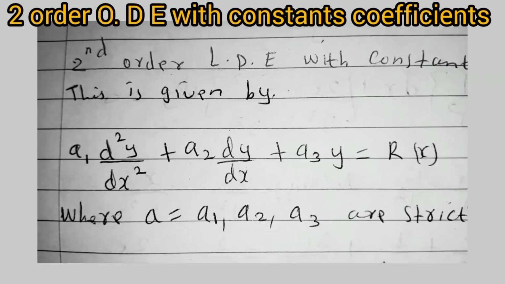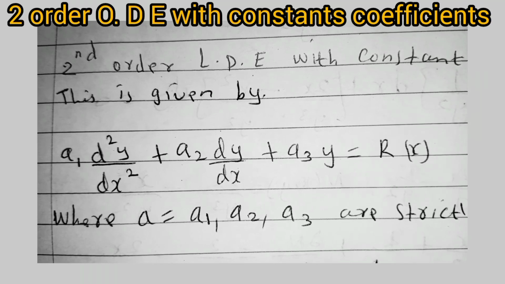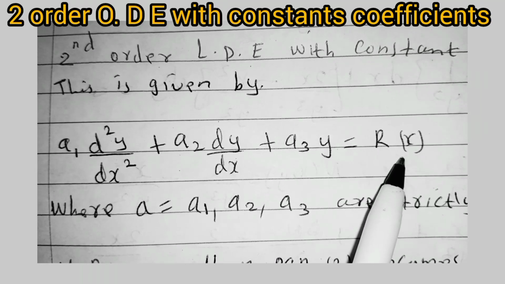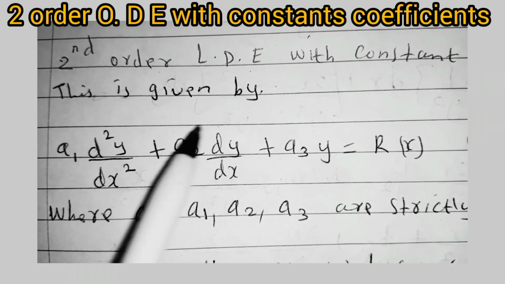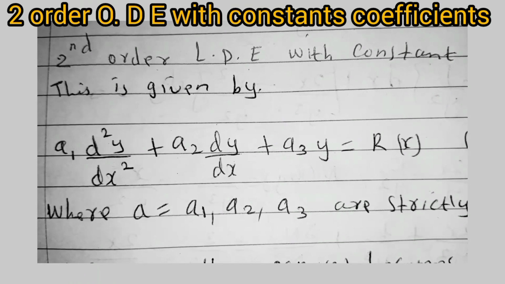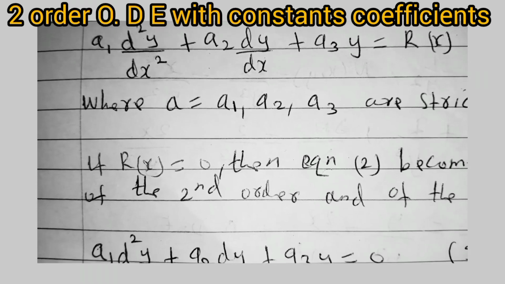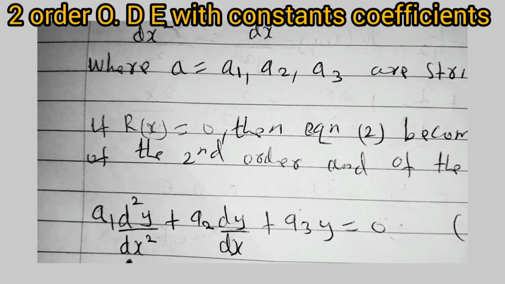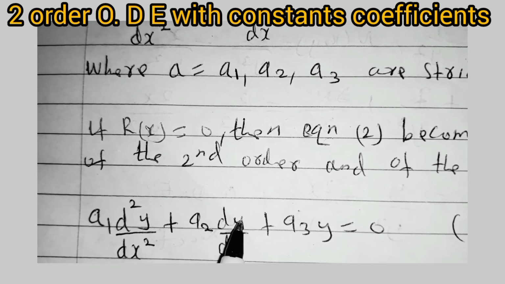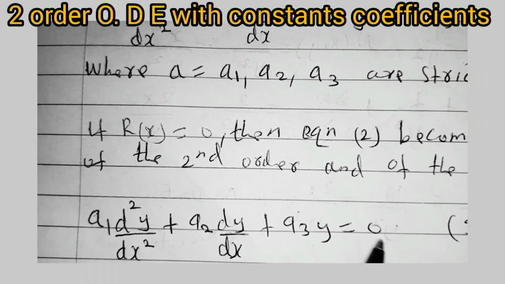Now, in this case, a1, a2, a3 are all constants. In case r(x) on the right-hand side of equation 2 is equal to 0, then equation 2 becomes linear and homogeneous, and it takes this form: a1, second derivative of y with respect to x, plus a2, first derivative of y with respect to x, plus a3 y is equal to 0.